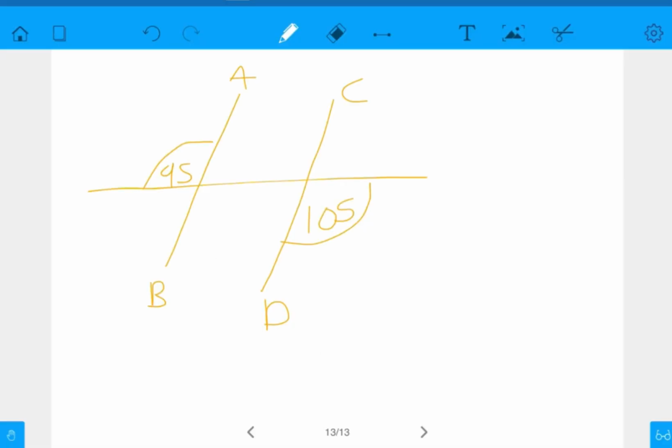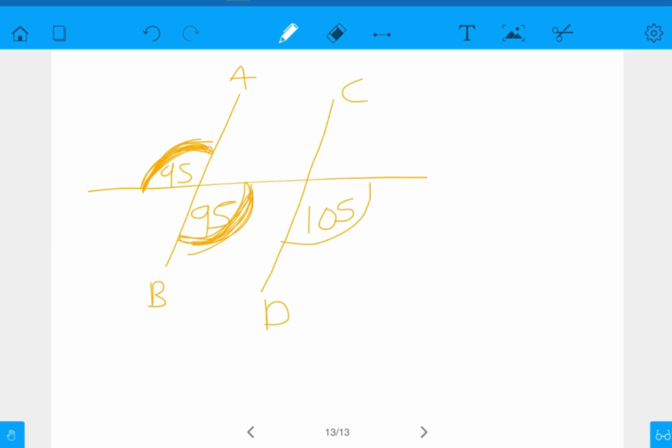If we can demonstrate that this angle is the same as 105, then that would mean that AB and CD are parallel. But in this case, it's not, because this angle will be equal to 95, because they're the angles that are opposite of each other.